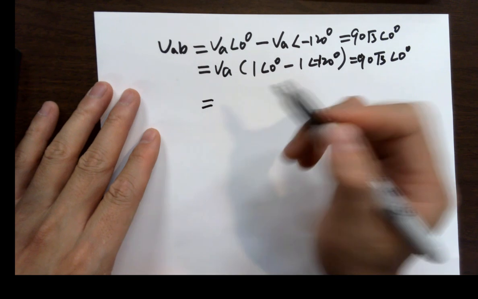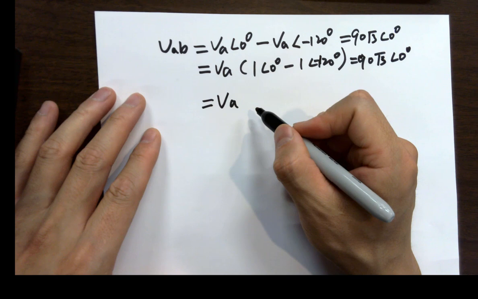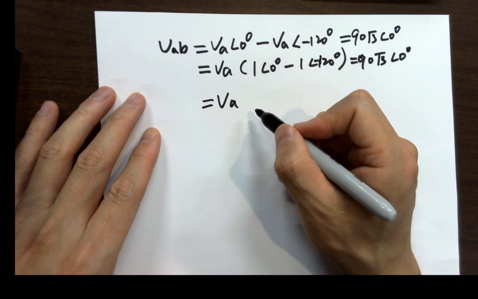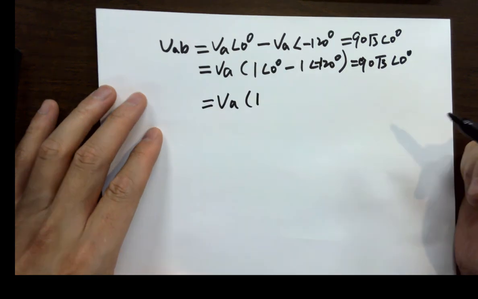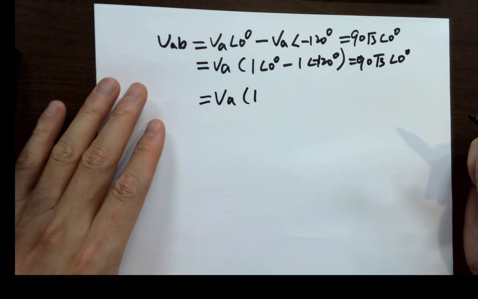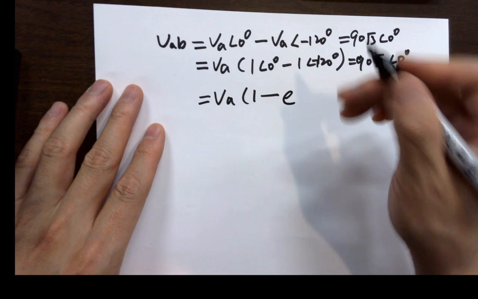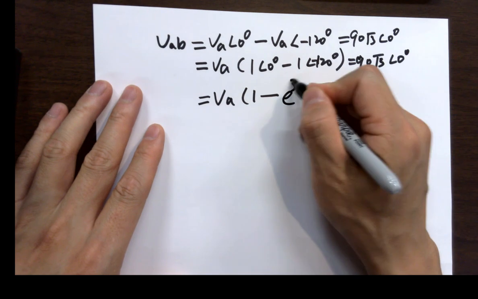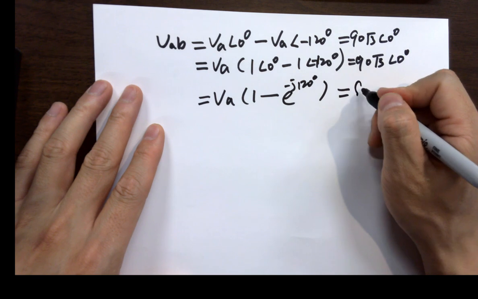So these are, what is this? Just 1, right? Minus what?